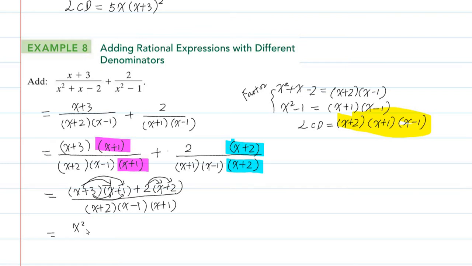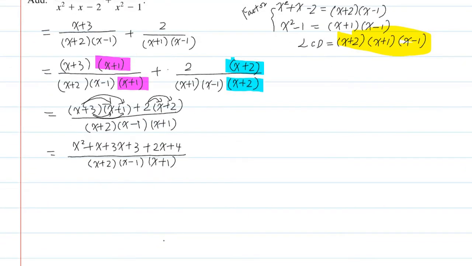So you're going to have x squared, and then you have x, and the plus is 3x and plus 3, and then right here, 2x plus 4. Then it's over x plus 2, x minus 1, and x plus 1. All you're doing is just simplifying it.